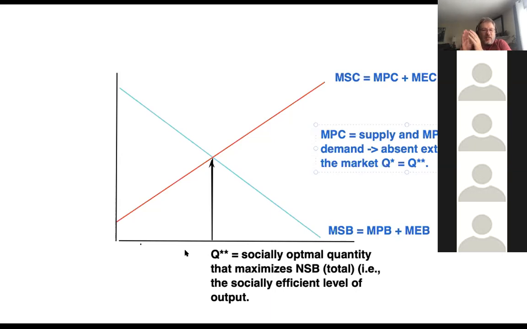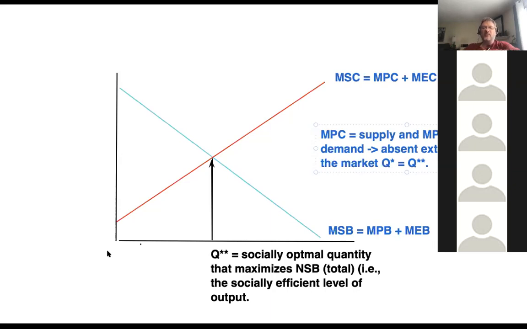So that's really our guiding principle. What we're really looking for is, if we want to maximize total surplus, but notice that normally the way that you guys are used to it being defined, total surplus is just about consumer surplus and producer surplus. But here there's more than consumers and producers. There's these third parties that bear costs, and we have to consider their costs because they're part of society too.